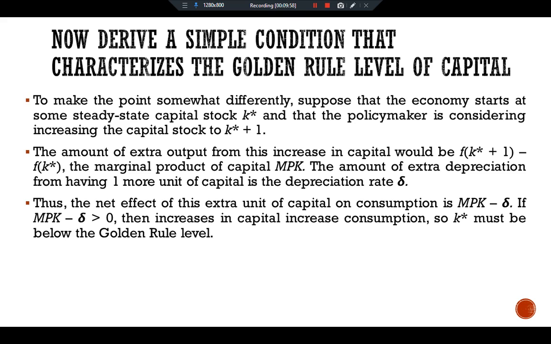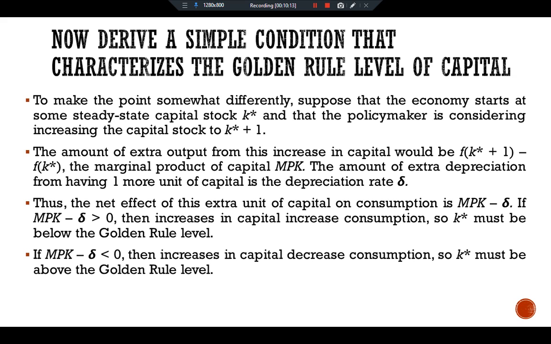If MPK minus delta is greater than 0, then an increase in capital increases consumption, so K* must be below the golden rule level. If MPK minus delta is less than 0, then an increase in capital decreases consumption, so K* must be above the golden rule level.